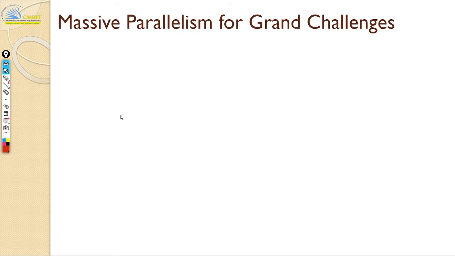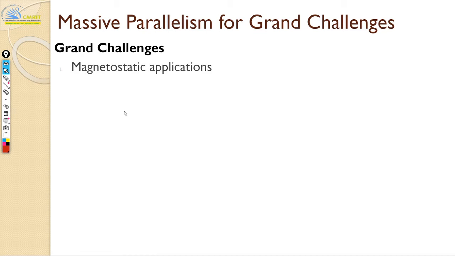But the applications we are going to deal with are massively parallel applications. Here they are called grand challenges, and these deal with several interdisciplinary challenging problems. Even in your textbook they use Fortran. Why?